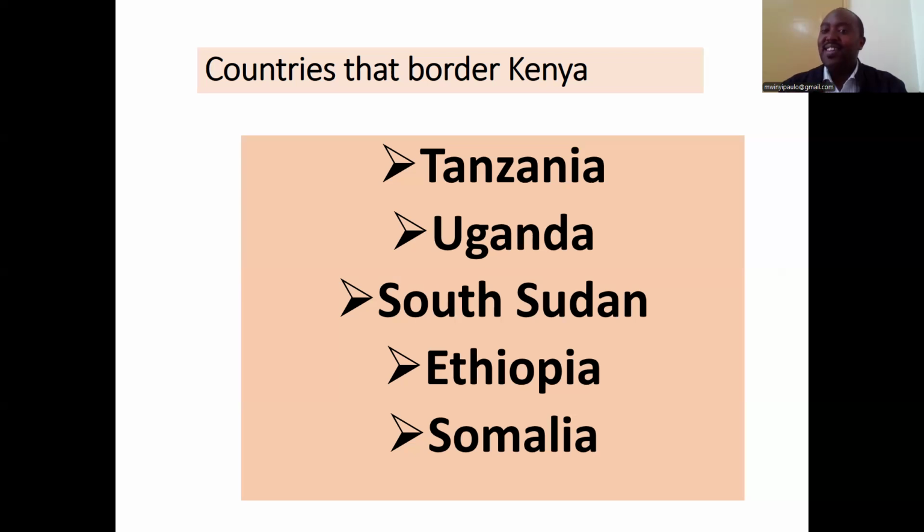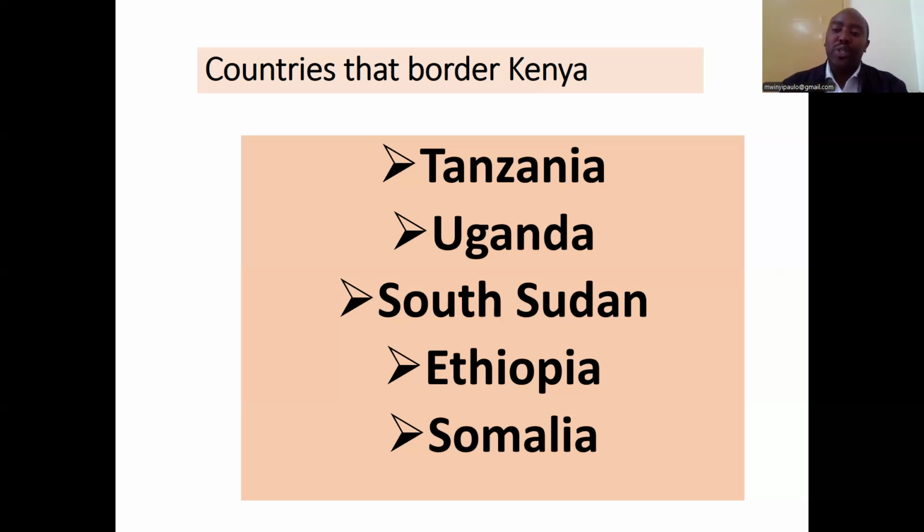How many are they? I know you know how to count. 1, 2, 3, 4, 5. So there are 5 countries that share a border with Kenya. Key to note, it might be that you had written the Indian Ocean as a country that borders Kenya. Now, remember in grade 4, we learned about drainage features.